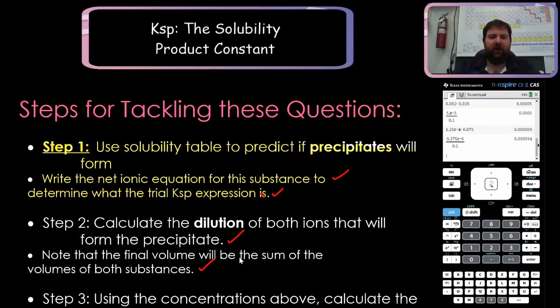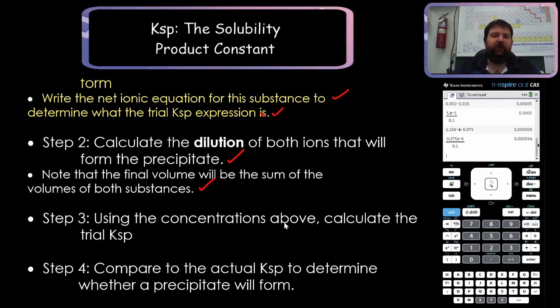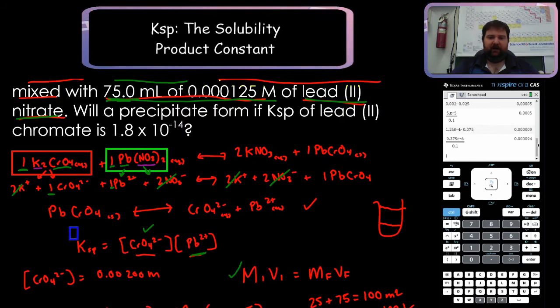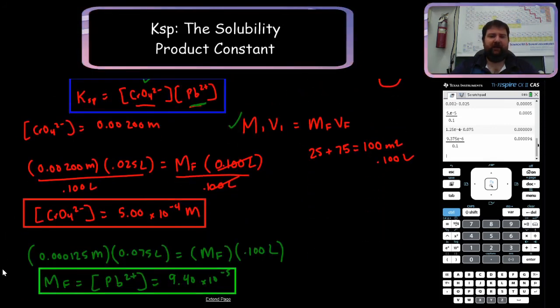So we have our 2 concentrations. What's step 3? Use those concentrations after dilutions to find the trial Ksp. So let's give this a shot. So we know that our Ksp is going to be equal to the concentration of chromate and lead multiplied together. So let's go ahead and do this.